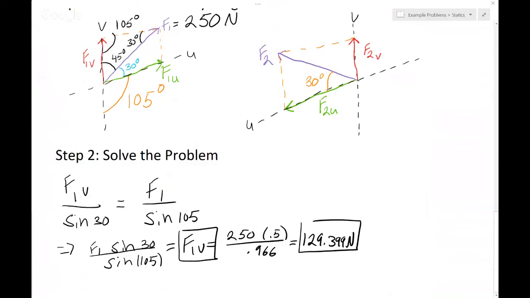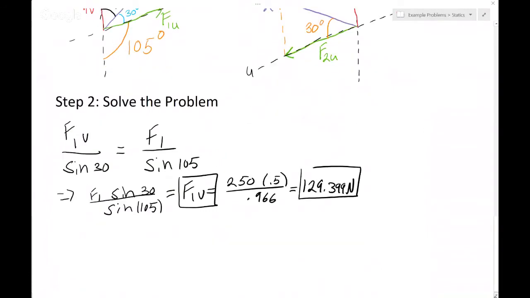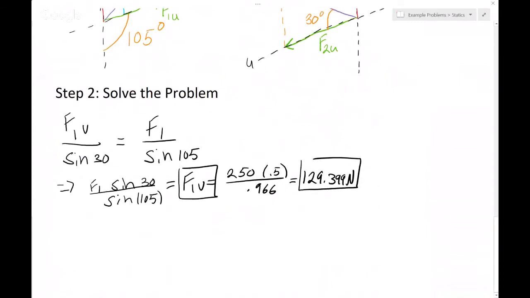And so then we can use basically the same principle, law of sines again, for setting this up, where we end up with our force along the u direction, which is equivalent to our 45-degree angle, sine of 45.